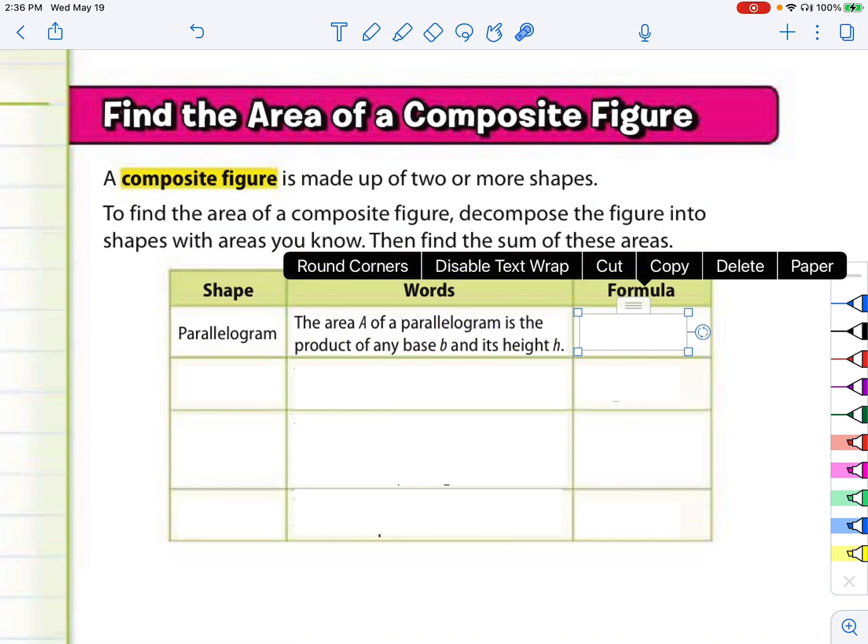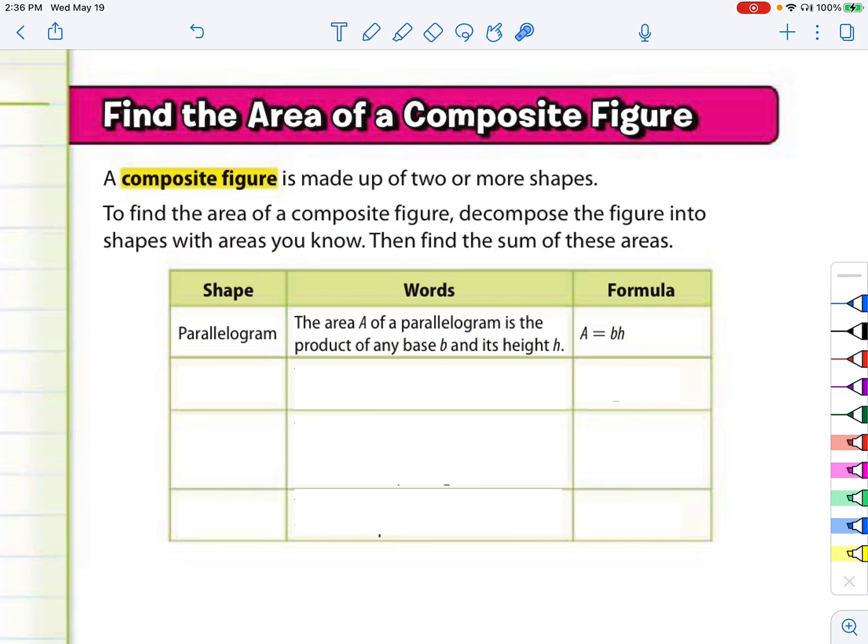So the formula for finding the area of a parallelogram is simply base times height. A good example of a parallelogram is something like this. That is a parallelogram because it has two pairs of parallel sides. This is our base and this is our height.